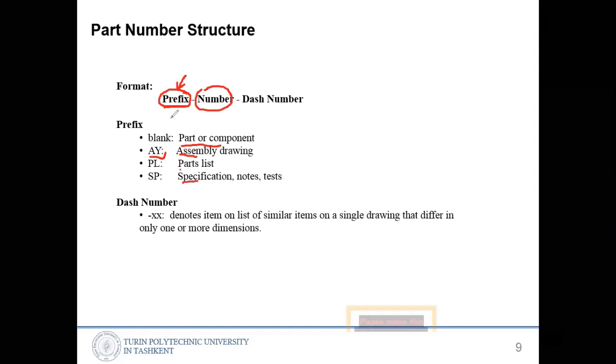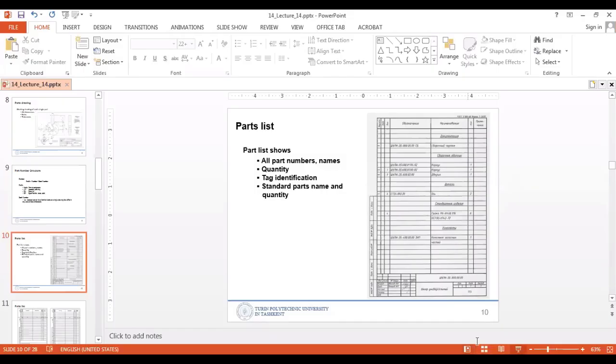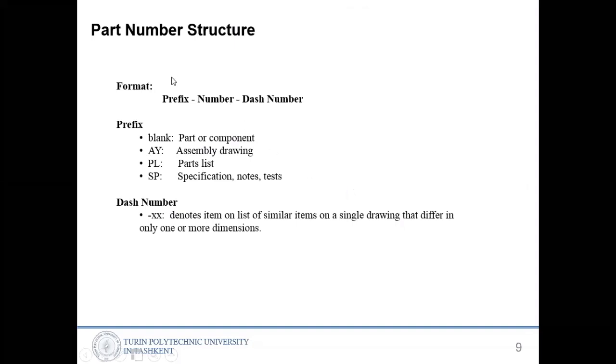Inside the prefix you can add one of these. And a number of those part lists with a dash. The dash number denotes an item on a list of similar items on a single drawing that differ in only one or more dimensions.